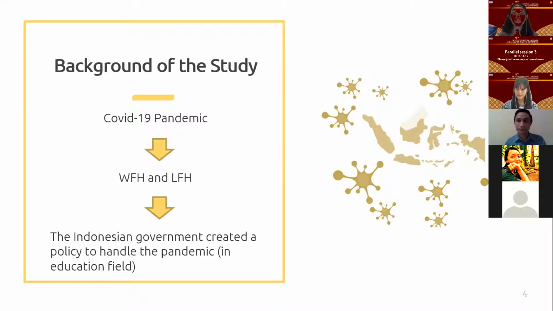To support that situation, the Indonesian government created policies to handle the pandemic, especially in the education field. The first one is Surat Edaran nomor 3 tahun 2020 about COVID-19 prevention in the education unit. The second is Surat Edaran nomor 4 tahun 2020 about the implementation of the education policy during the emergency period of the spread of coronavirus disease.